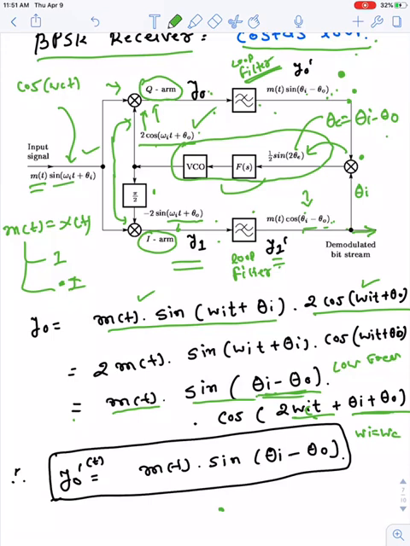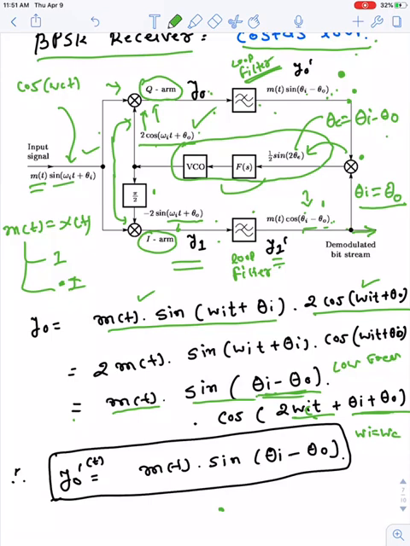If theta_0 is greater than theta_i, next time the frequency or phase will be decreased, and if theta_0 is less than theta_i, next time the phase will be increased. At one point the locally generated phase exactly matches the incoming phase, and when this happens, the cosine term becomes 1 because both are equal.